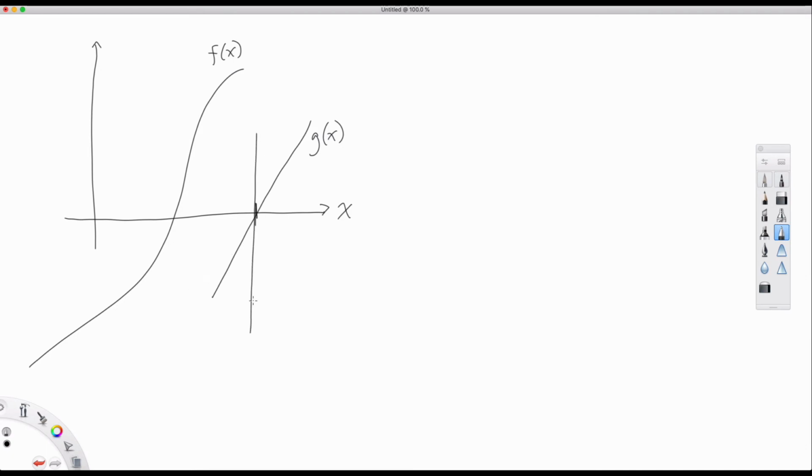Everything to the right of g of x is infeasible. And again, if we're just looking at this graphically, suppose f of x continues up like this, and if we start at some feasible point x, and we move downhill, if f of x is monotonically increasing, then if we try to minimize it, x is going to approach negative infinity.